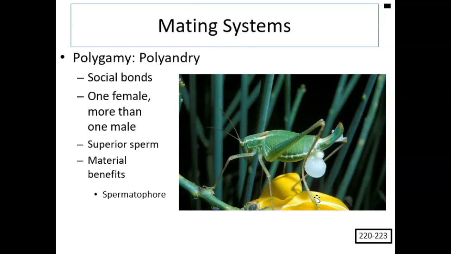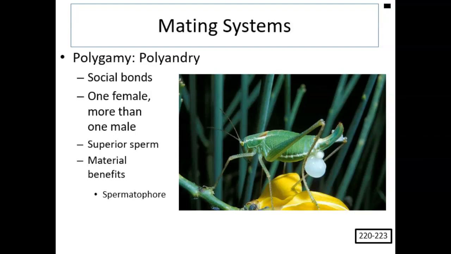The more males she mates with, the more spermatophores, sometimes referred to as a nuptial gift, that she's going to get. By consuming more spermatophores, she has more energy to devote to reproduction. And so polyandry is beneficial here because she's able to devote more to her reproduction after getting more of those gifts from more males.